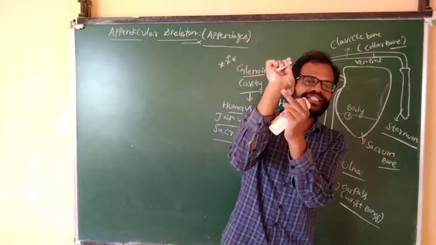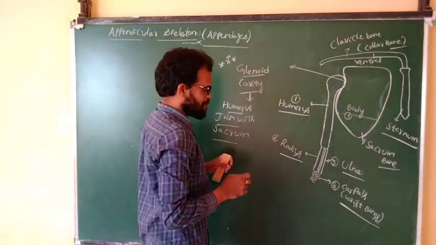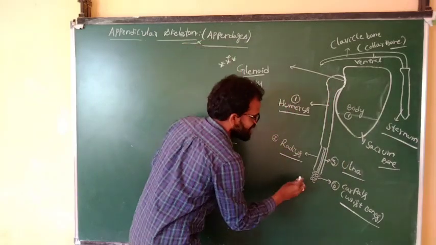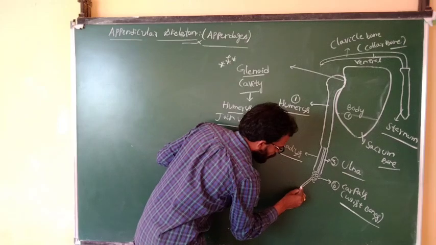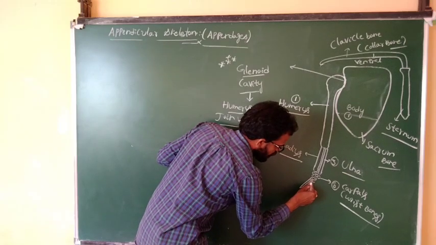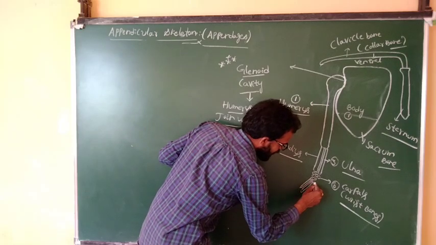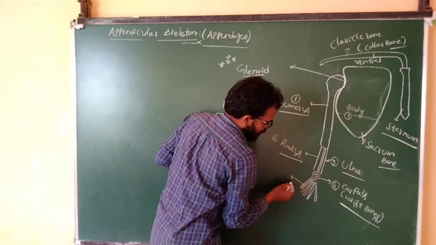Next one, carpals. After the carpals, the palm bones. How many palm bones? It is 5 bones. Carpals, metacarpals.